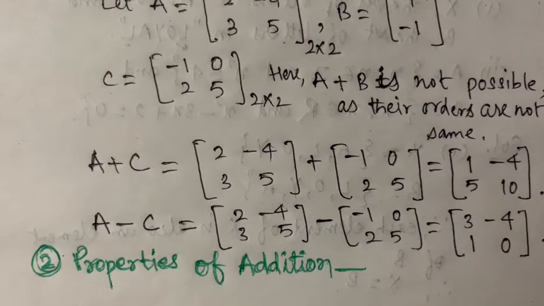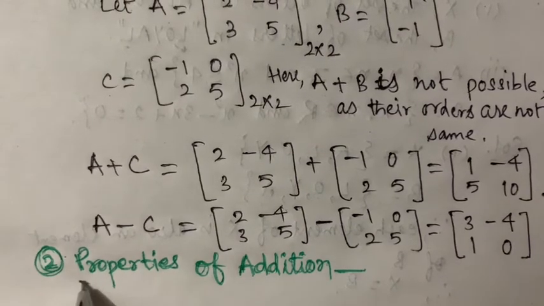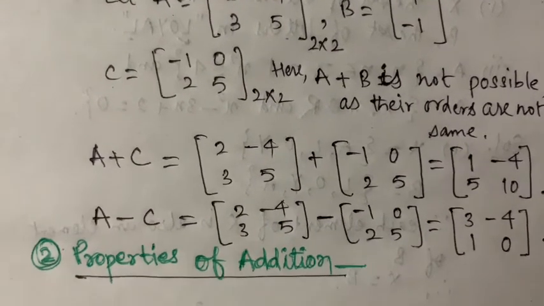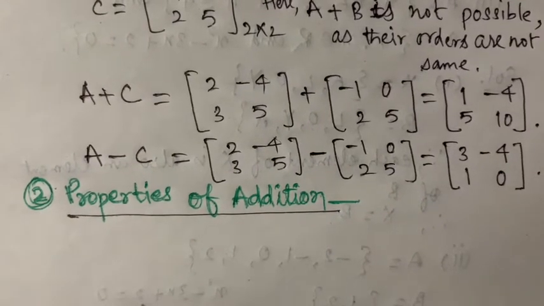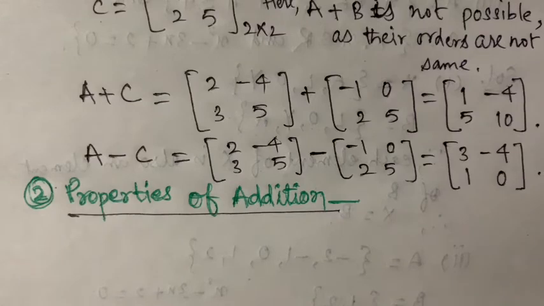Now we will see the properties of addition. Properties of addition. By properties we mean how it will behave when we change their positions, or when we add more than two matrices, and we will look for whether there is any identity element and also an inverse element.